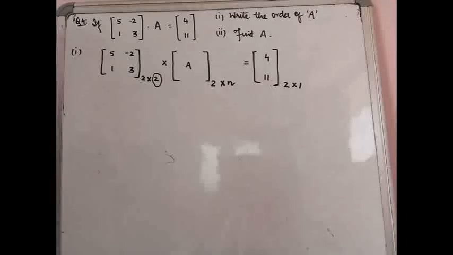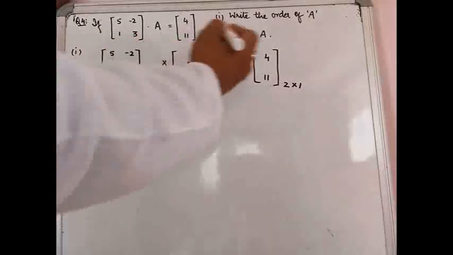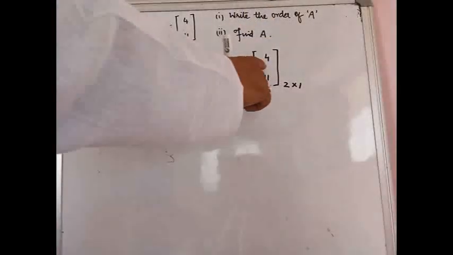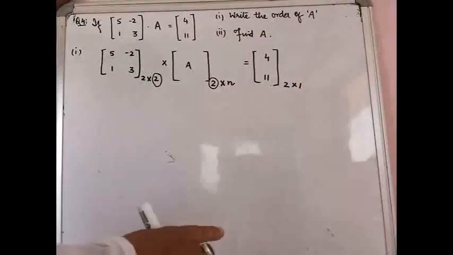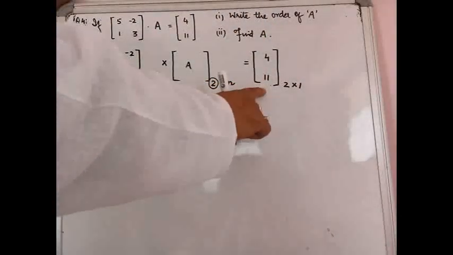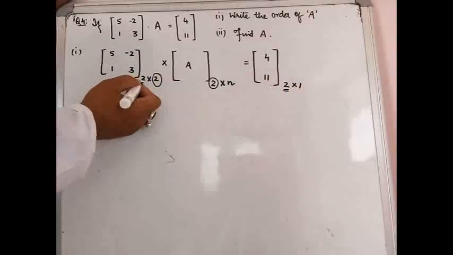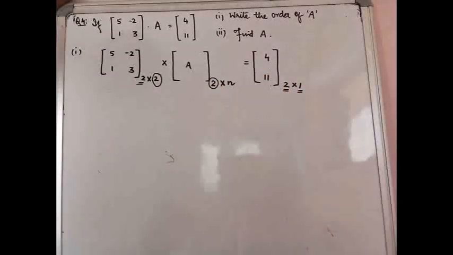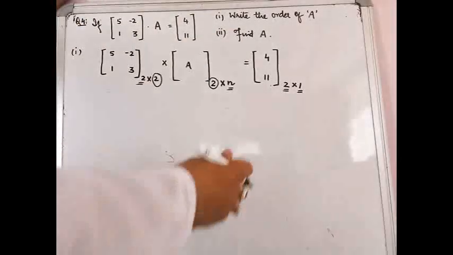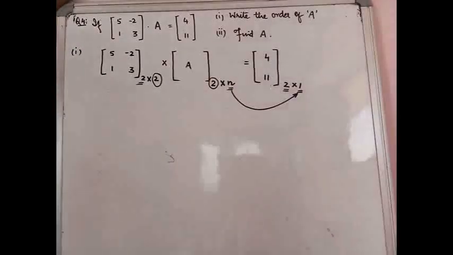Now since these two are equal to each other, matrix multiplication was possible, and we got a resultant matrix. Please recall once again, the resultant matrix picks up its rows from the first matrix and its number of columns from the number of columns of the second matrix. That means your n value has to be equated with this one.